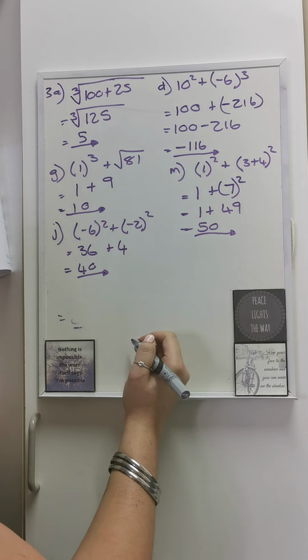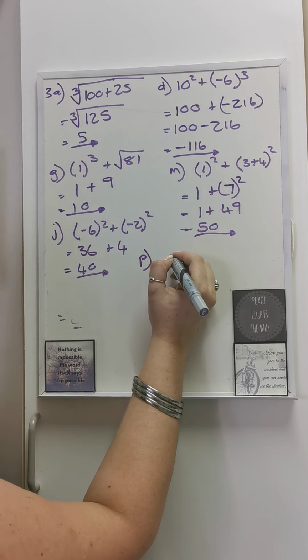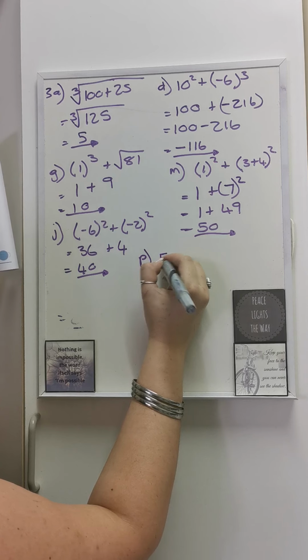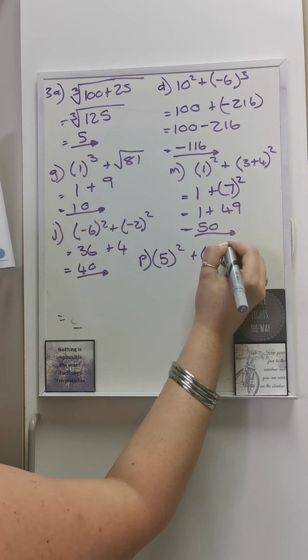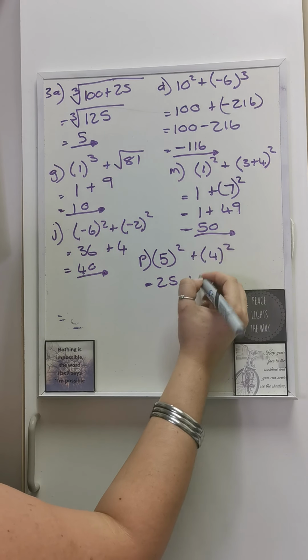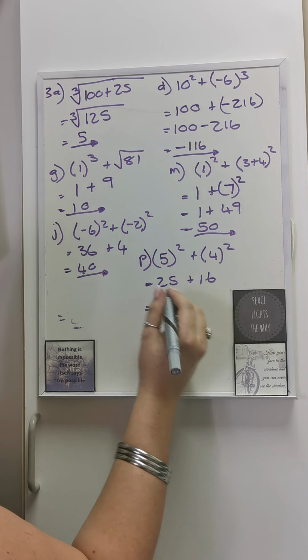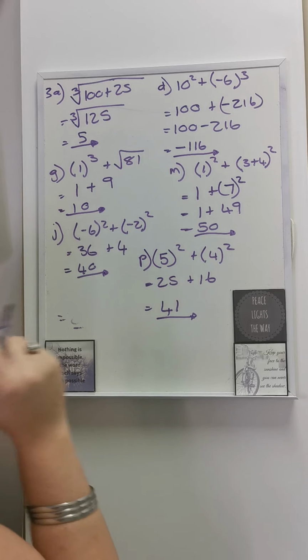Then the last one for this page will be P, 5 squared plus 4 squared. 5 squared is 25, 4 squared is 16, 25 plus 16 gives you 41.